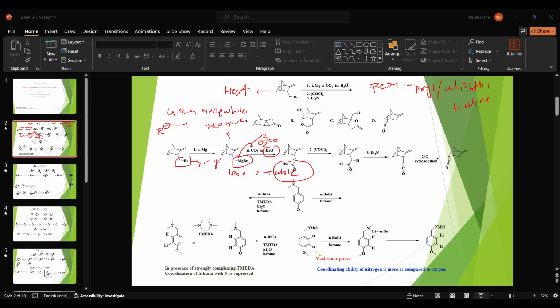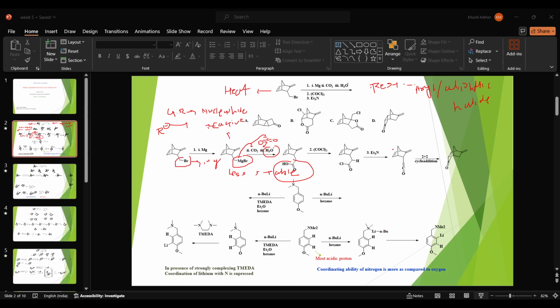These are highly unstable compounds, and they are highly reactive.